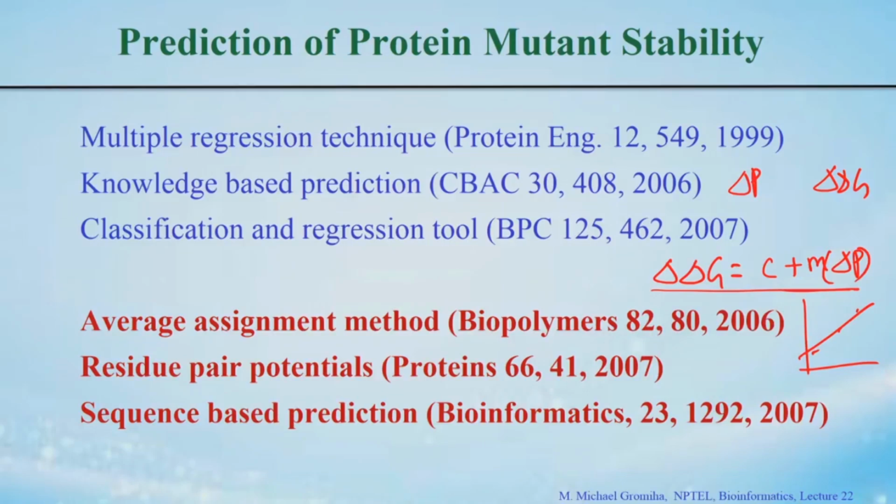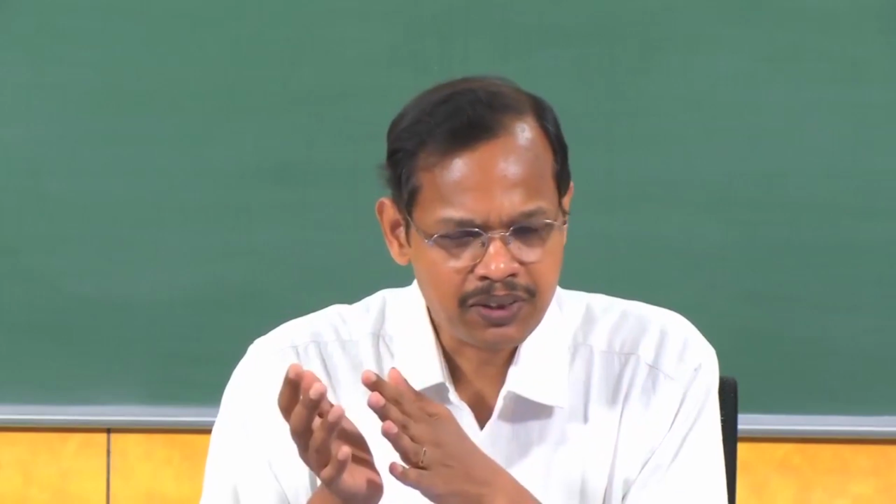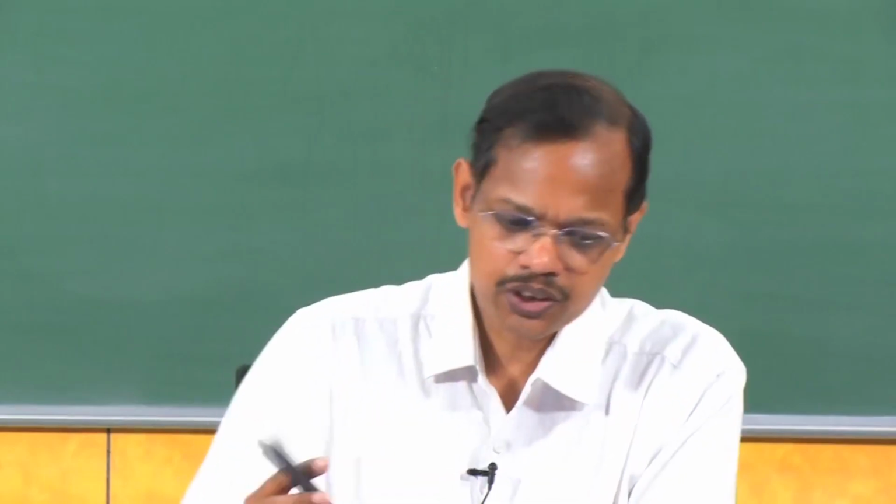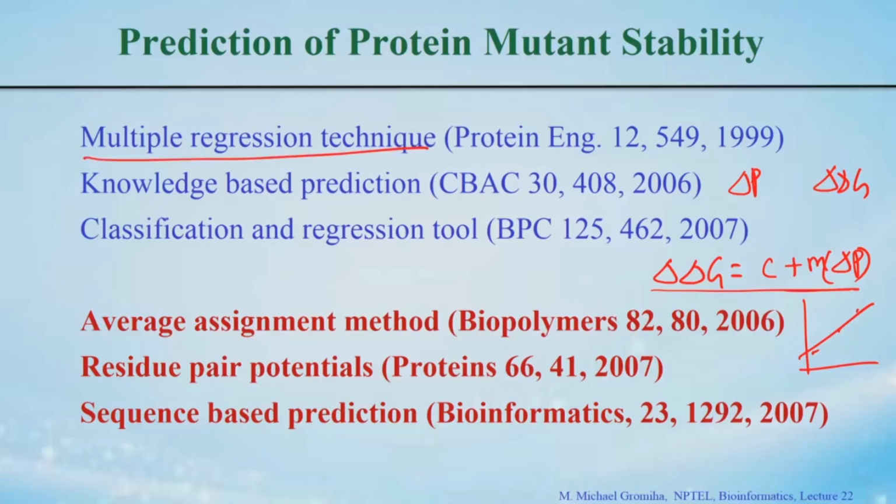For example, if a single property cannot account for the stability of this mutant, what can we do? What are the other options? You can have many properties. We discussed 49 properties: physical, chemical, energetic and conformational. You can use different properties based on the multiple regression technique, because you extend these variables.